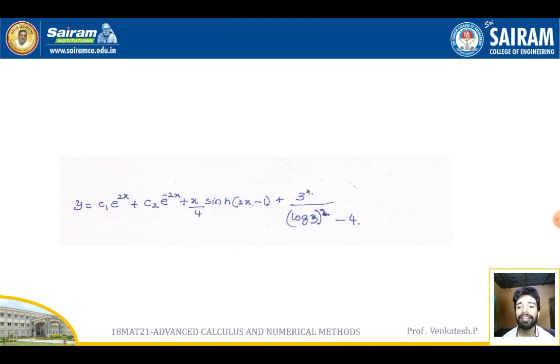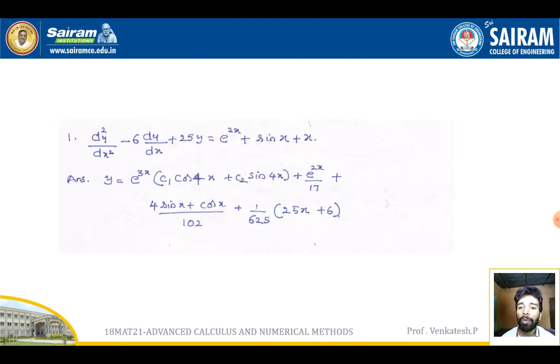The solution will be like this: c1 e power 2x plus c2 e power minus 2x plus x by 4 into sine hyperbolic 2x minus 1. This function is obtained by adding p1 plus p2 and taking x by 4 common, we get sine hyperbolic 2x minus 1 here, and plus 3 power x by log 3 whole square minus 4. This is the solution for the given differential equation.